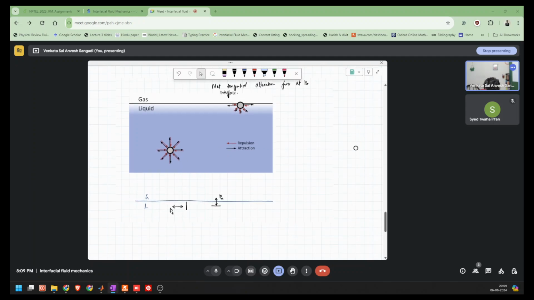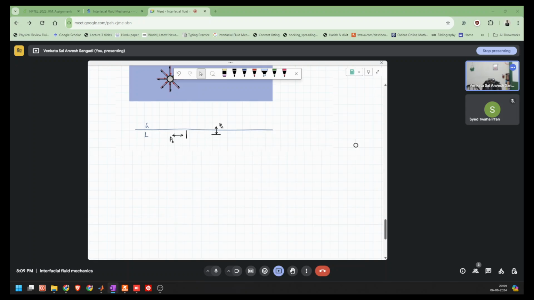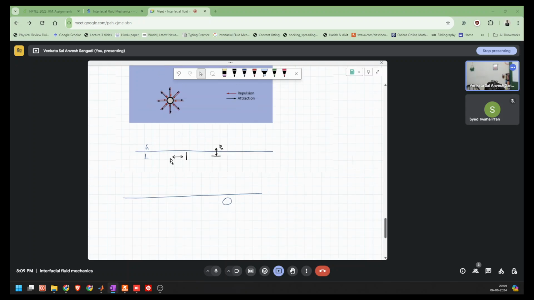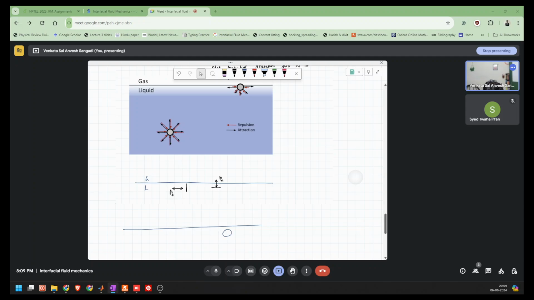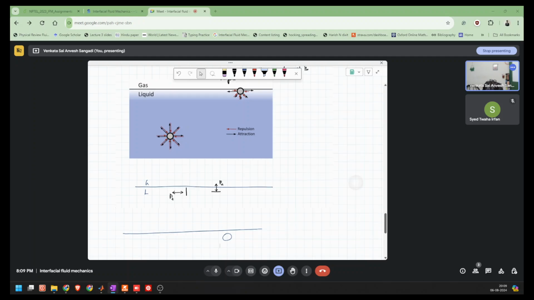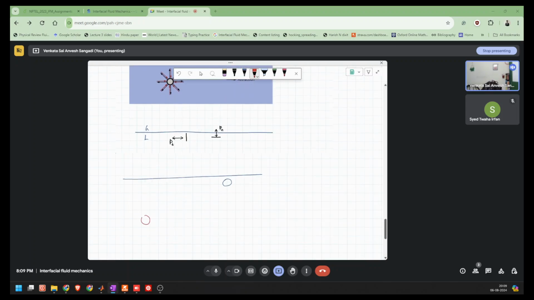Okay. I'll just try to see if I can make sense. So near the interface, one is that it's in the bulk.